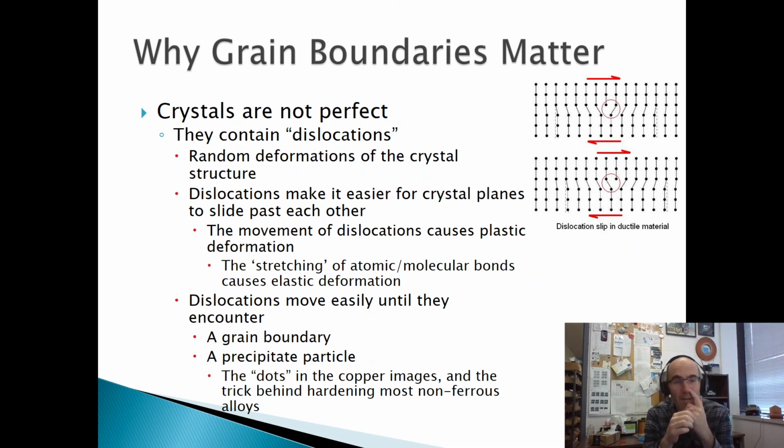Now, these grain boundaries really make a difference because although crystals are probably as close to pure and perfect as exists in nature, they're not always perfect. We work very hard with some crystals that we manufacture to make them as perfect as we can get them.